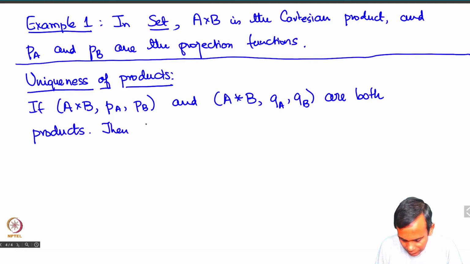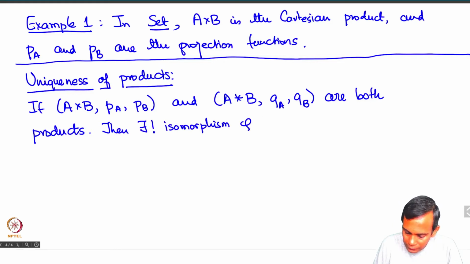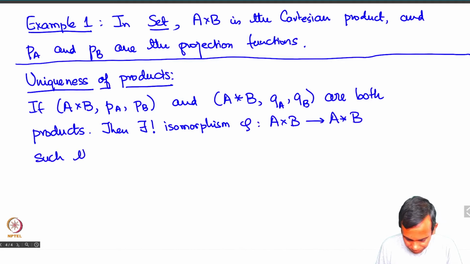Then there exists a unique isomorphism phi from A cross B to A star B such that, and now this is best explained in terms of a diagram rather than writing down equations.